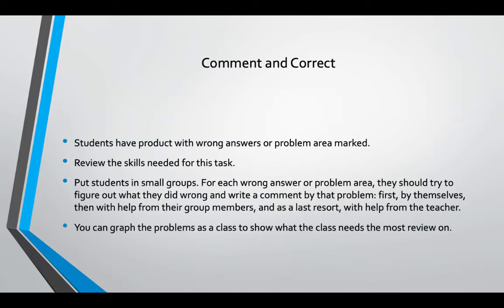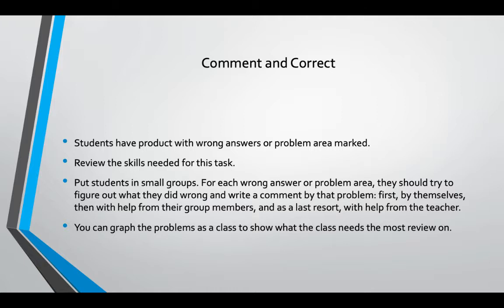For self-assessment, comment and correct. This is where students look at a piece of work that has already been graded and marked, and then have the students in groups look at what went wrong, what this piece of work did not get right, and then comment on it. And then you can go ahead and graph with the class where we seem to go wrong most.